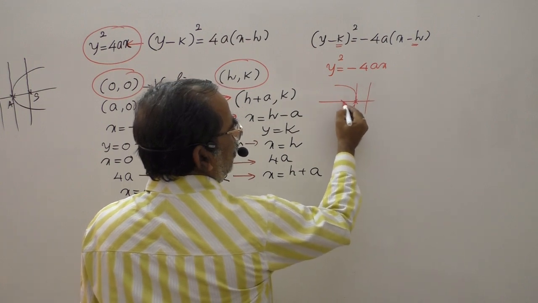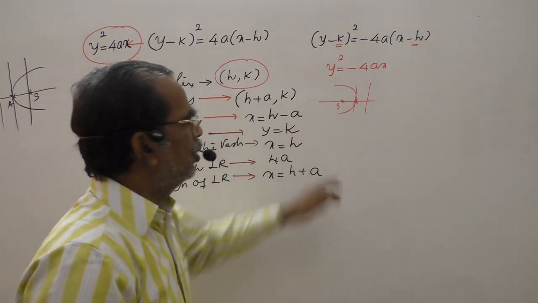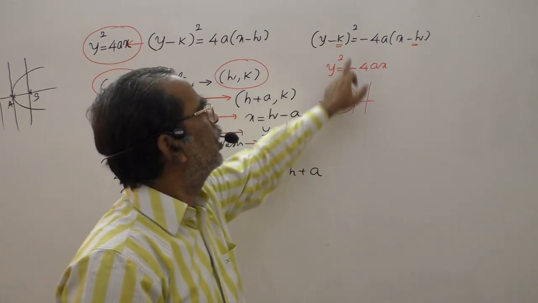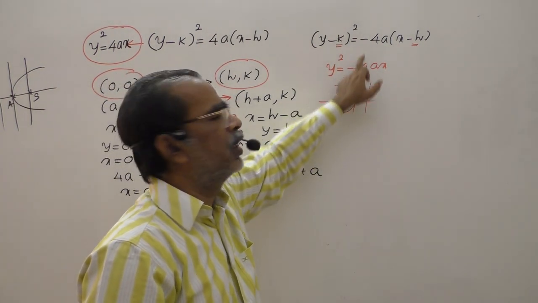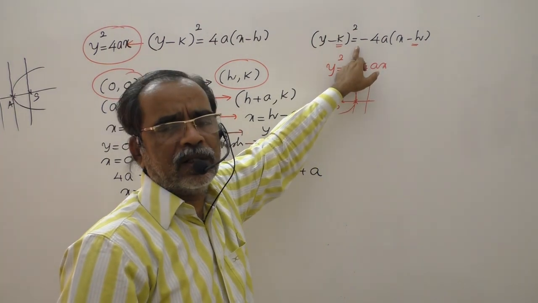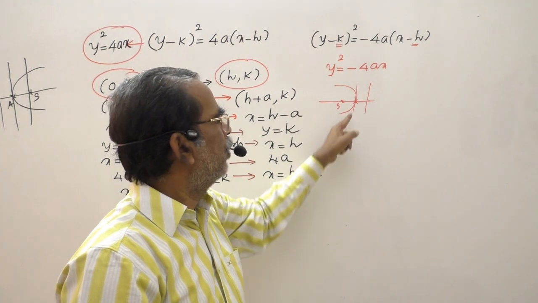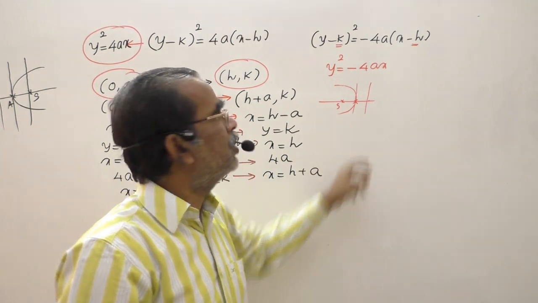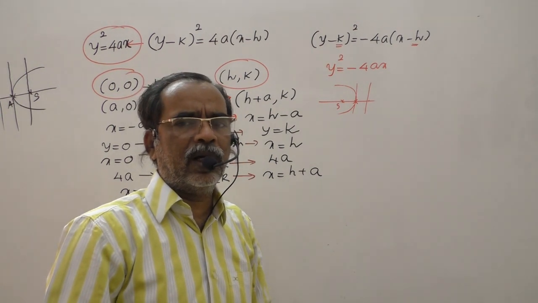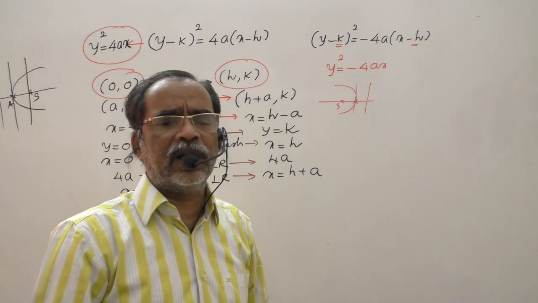Yes, vertex, focus, everything, you can write the details of this. What is the difference between this and this? Again, its vertex is 0, 0, and its vertex is h comma k. So by taking the details of this, you can write the details of this parabola by increasing x coordinates by h and y coordinates by k.